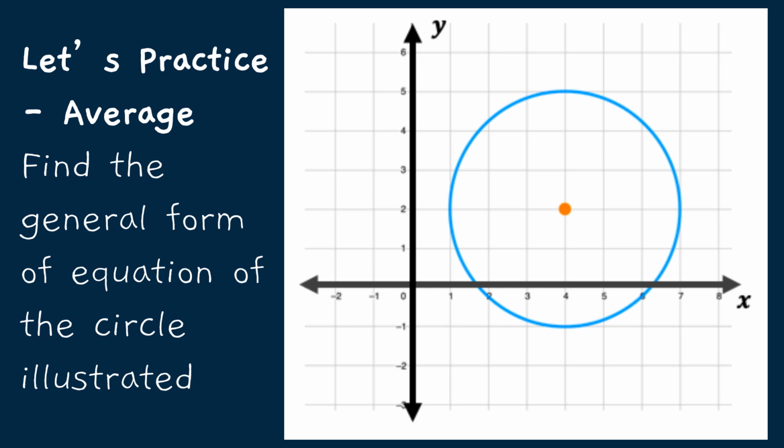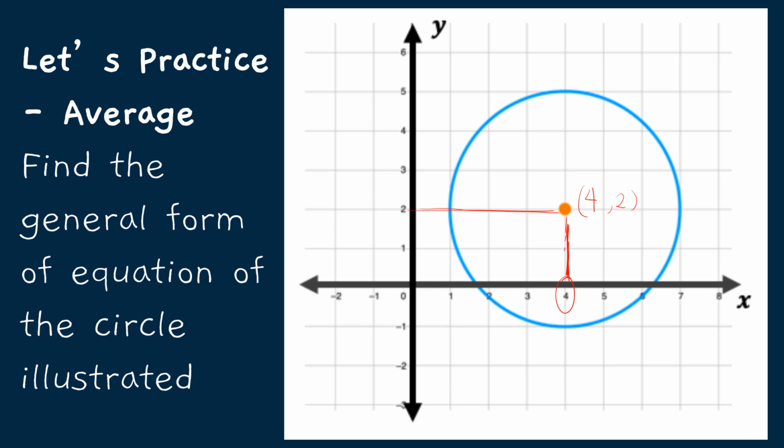But before that, you need to get what are the properties that are very useful in this scenario. In this scenario, we can see the center of our circle. And the coordinates of the center of our circle is given by 4 as your h, and your k is 2.